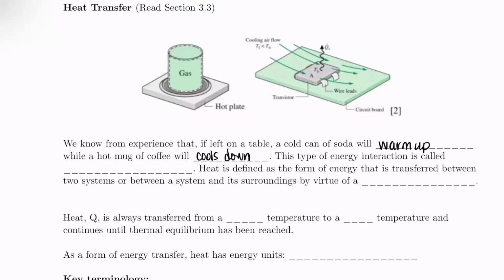All right, so this type of energy interaction is called energy transfer by heat. Where heat is defined as the form of energy that's transferred between two systems or between a system and its surroundings by virtue of a temperature difference.